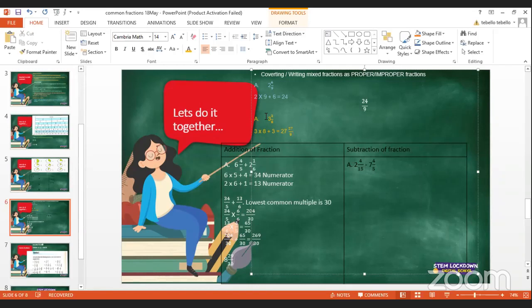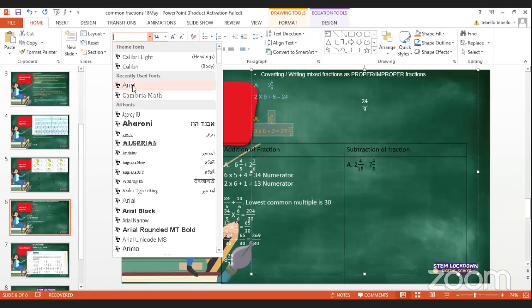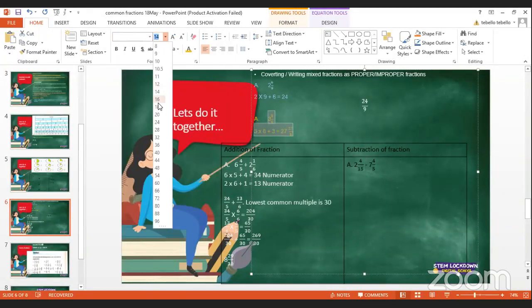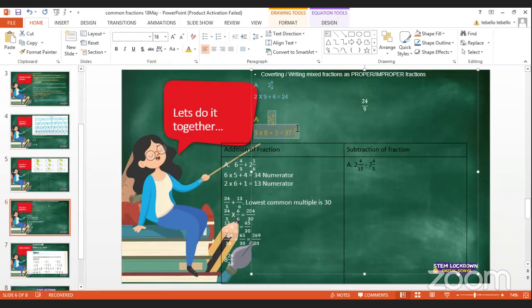Okay. And then our second example is, let's make it bigger because it's too small. So our second example right here will be 3 and 3 over 8.